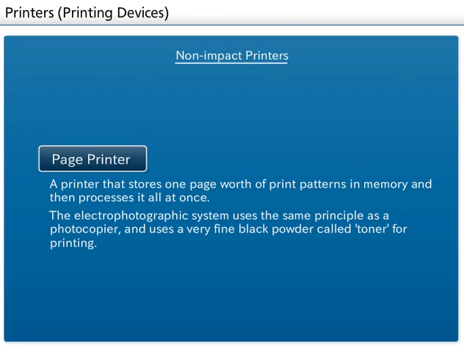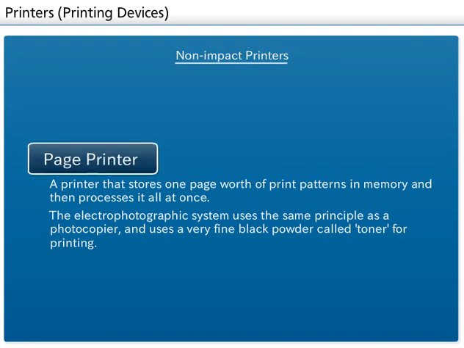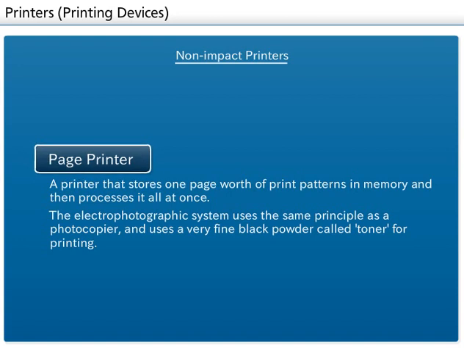A. Laser printers. A printer that stores one page worth of print patterns in memory and then processes it all at once is called a page printer. The electrophotographic system uses the same principle as a photocopier, and uses a very fine black powder called toner for printing.